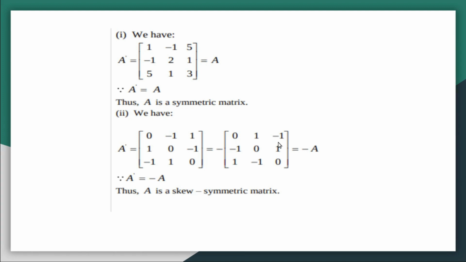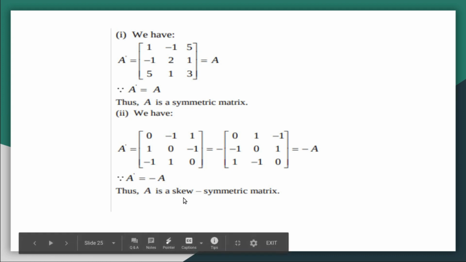This 1 becomes minus 1. So we get minus matrix 0 1 minus 1, minus 1 0 1, 1 minus 1 0. Now this is the given matrix A. So this is equal to minus A. So we have A transpose equals minus A. So the given matrix is a skew symmetric matrix.